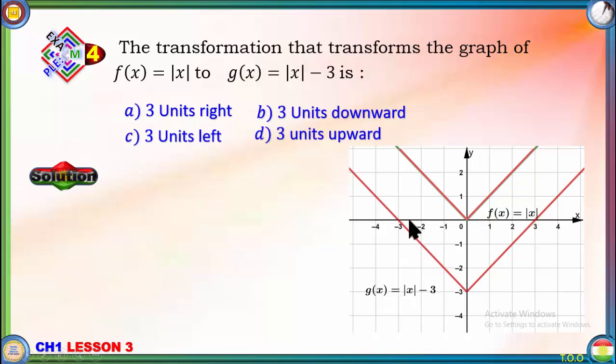In the graph, this is the graph of f(x) and this is the graph of g(x). To take f(x) to g(x), we must move it downward 3 units, like this. 1, 2, and 3. 3 units. That means B is the correct answer.